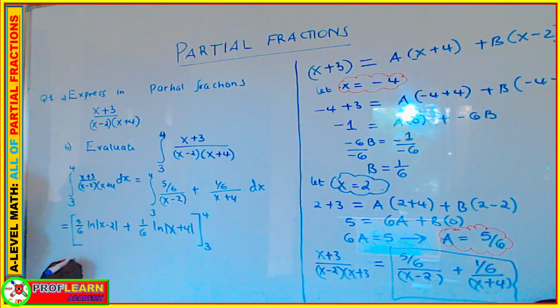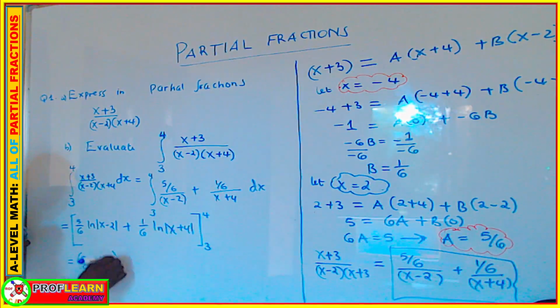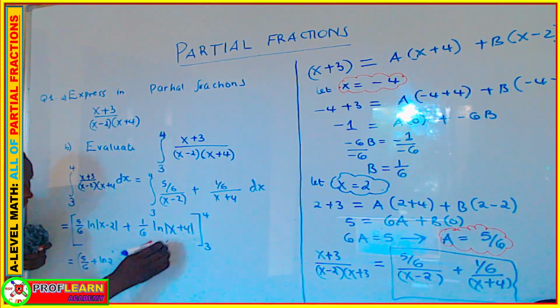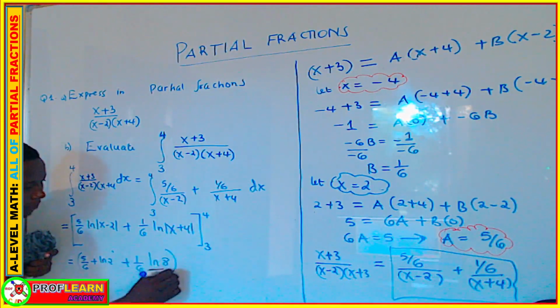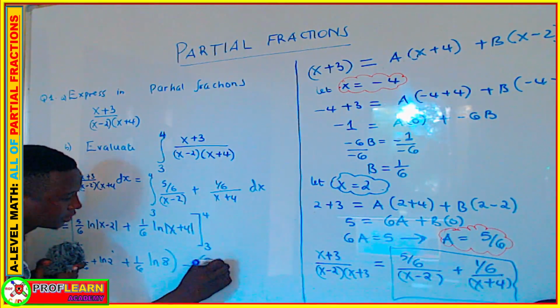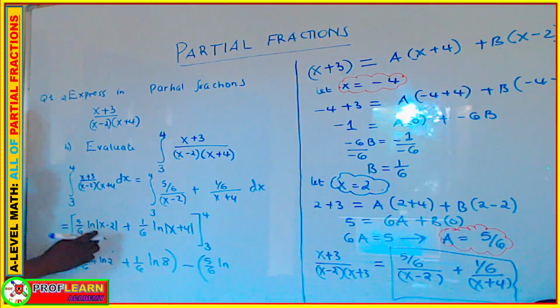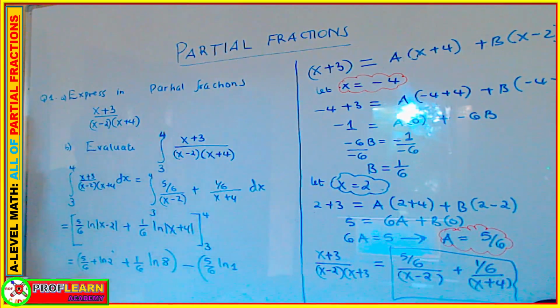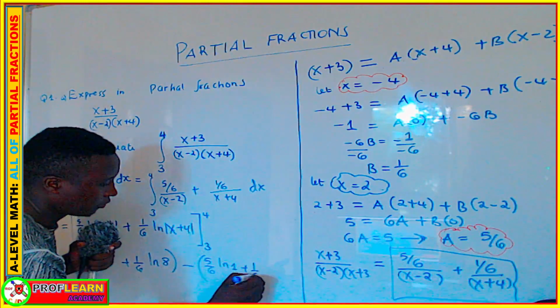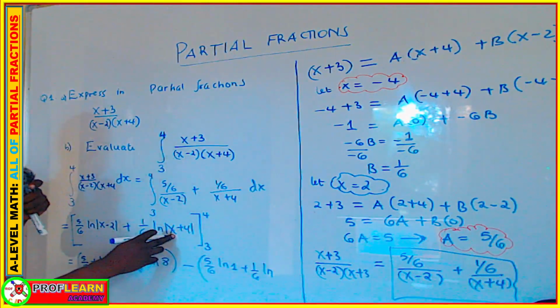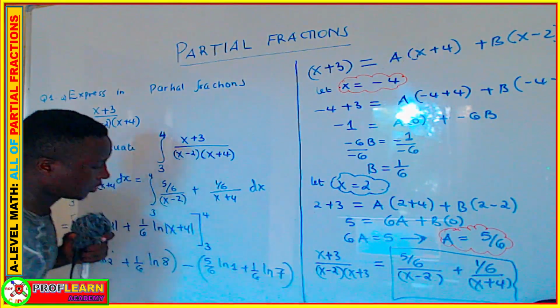Now substituting this in, we have 5/6 ln, substituting 4 minus 2, it will be 2, plus 1/6 ln, substituting 4, it will be ln of 8, minus, in bracket, 5/6 ln, this is 3 now, 3 minus 2 is ln of 1, and plus 1/6 ln, 3 plus 4 is 7.